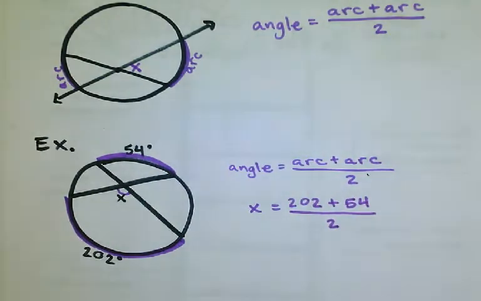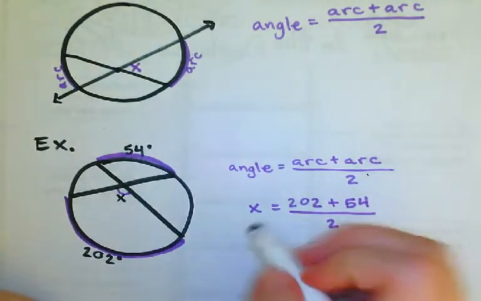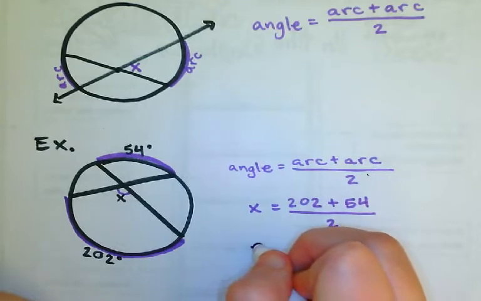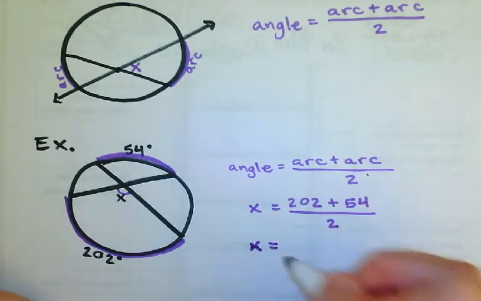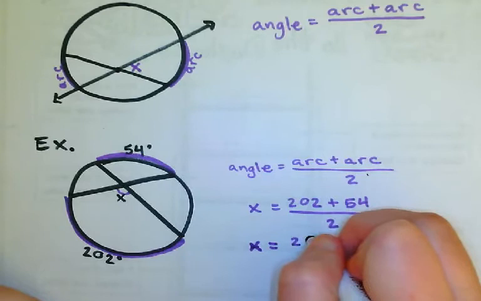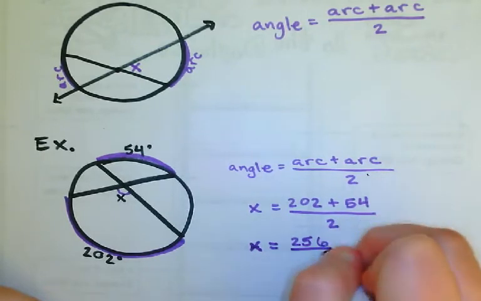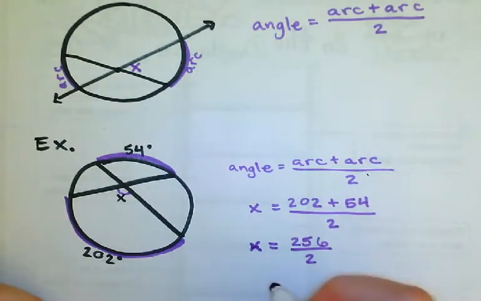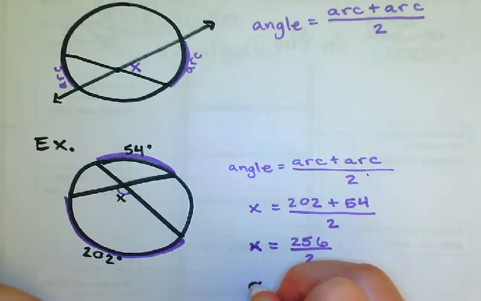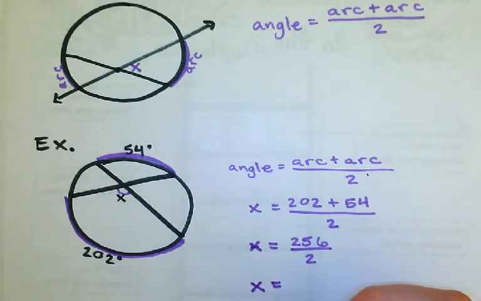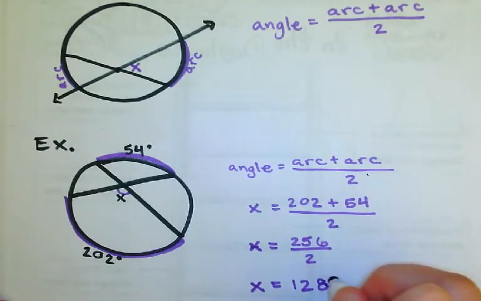Order of operations, we can go ahead and add these first. So x equals 256 divided by 2. So that means x is going to be equal to 128 degrees.